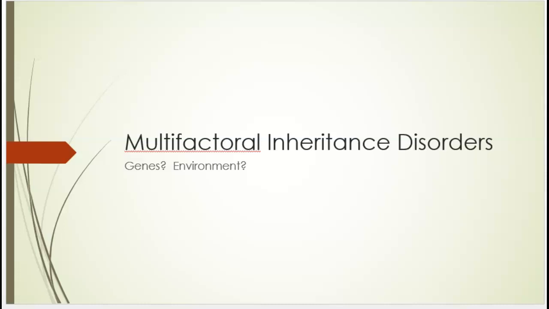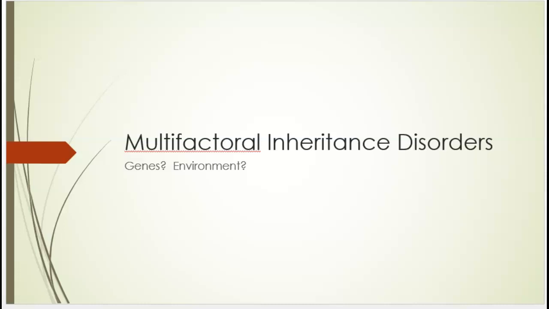Multifactorial inheritance disorders, is it the genes? Is it environmental? Was it environmental that affects the genes? Somehow eventually the genes get damaged or affected, but there is probably some sort of environmental issue that has affected the genes.